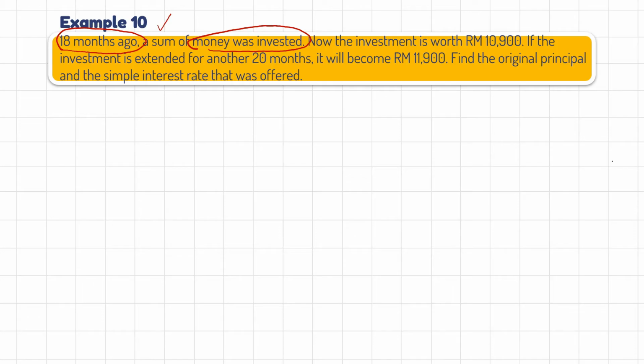Now, the investment is worth 10,900 ringgit. If the investment is extended for another 20 months, it will become 11,900 ringgit. Find the original principal and the simple interest rate that was offered.